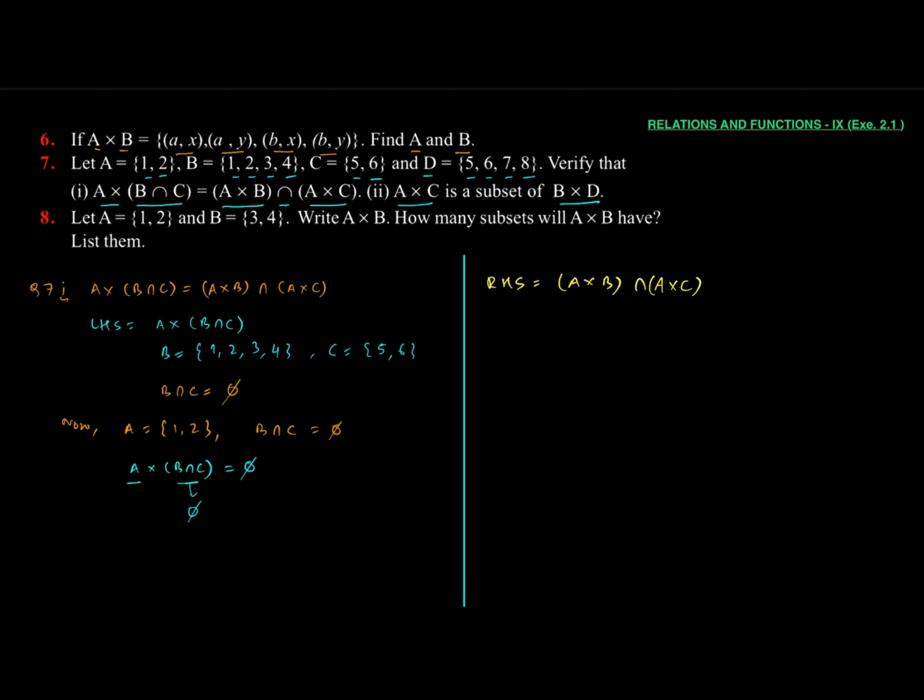Now first of all, we'll be determining A cross B. So set A has elements 1 and 2 and set B has elements 1, 2, 3 and 4.